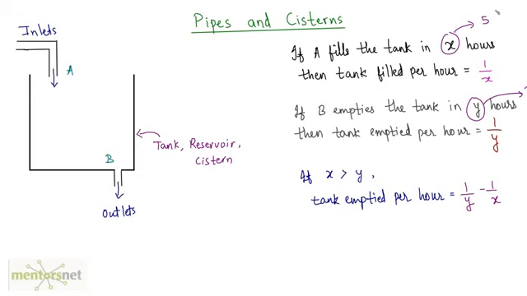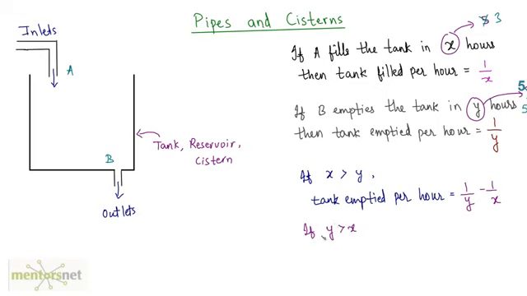Now if this is 3 and this is 5, which means that the tank is taking more time to empty than to fill, then the net effect is that the tank is getting filled up slowly. Although some water is letting out, the tank is getting filled.